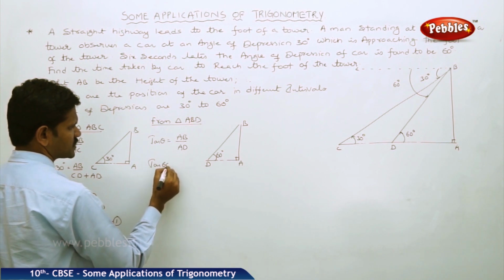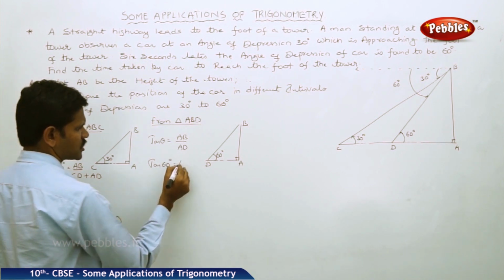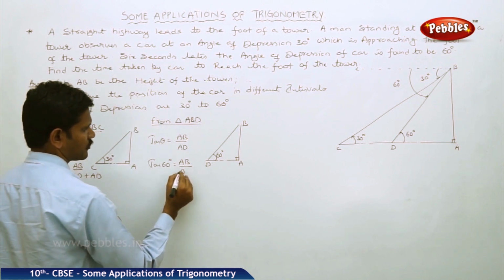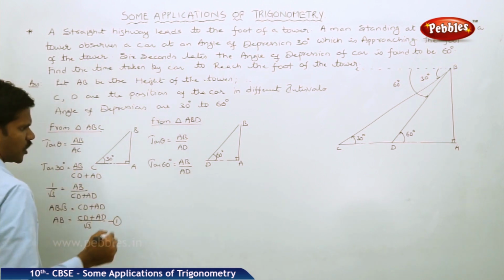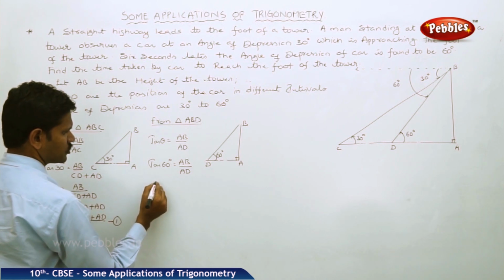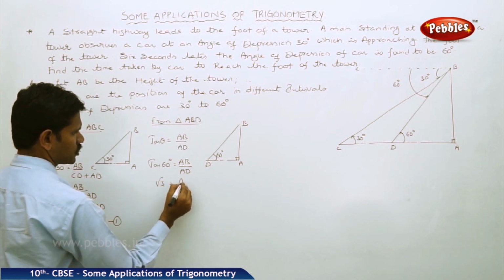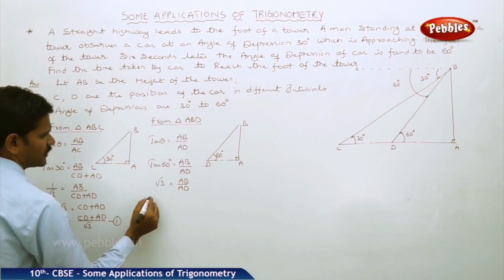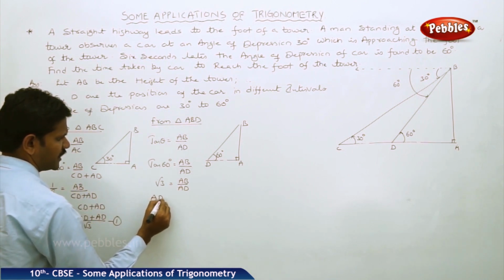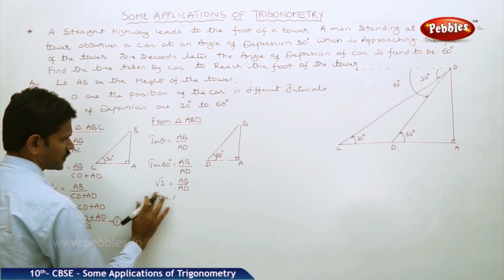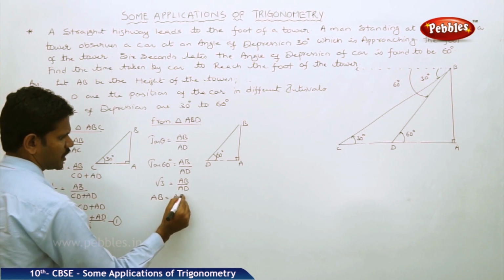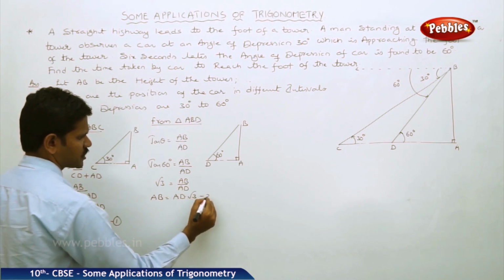Theta is replaced with 60, tan 60 degrees is equal to AB by AD. Now tan 60 is equal to root 3 is equal to AB by AD, and AB is equal to AD into root 3. This is equation 2.